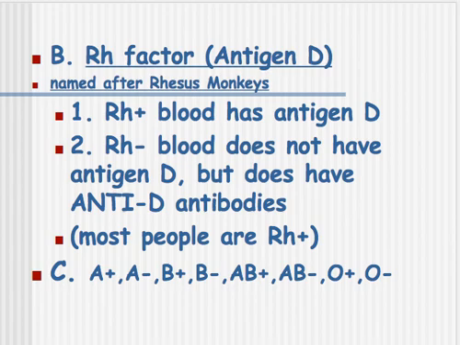Okay, so the last thing you guys need to understand is whether or not somebody is considered positive or negative. I'm sure you guys have heard of it. This is what we call the Rh factor. Before they figured out the Rh factor, they realized that people could receive a blood transfusion and still have problems with agglutination.